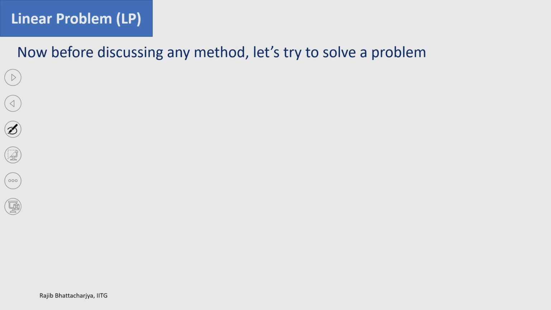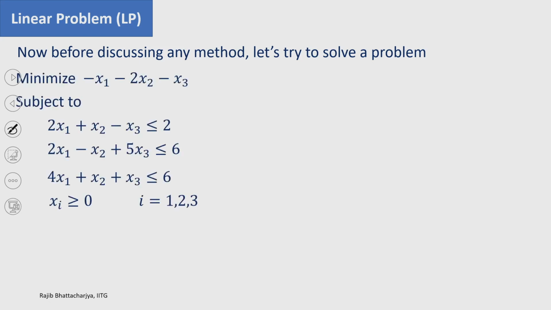Before that, I would like to solve this particular problem. The problem is: minimize minus x 1 minus twice x 2 minus x 3. That is your objective function. We have a total of 3 constraints. The first is twice x 1 plus x 2 minus x 3 less than or equal to 2.